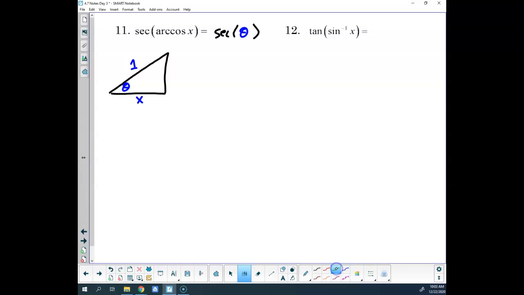Still the same math. Good catch. So secant is 1 over cosine, correct? And the cosine of theta is x over 1, so just x. So this would just be 1 over x.